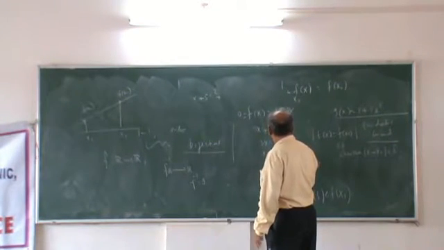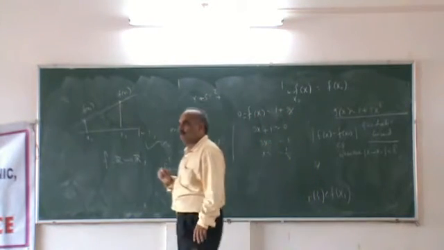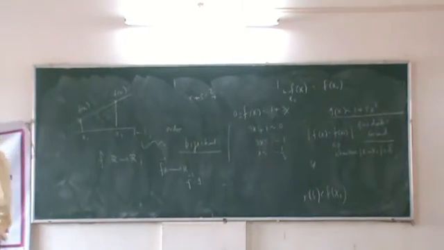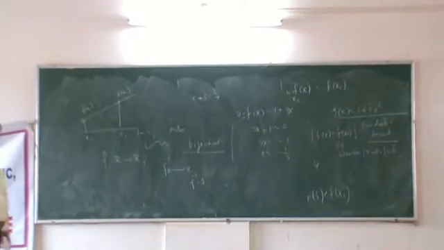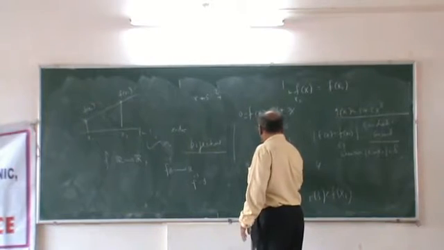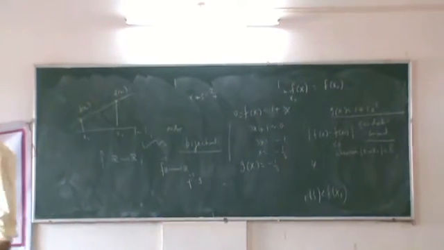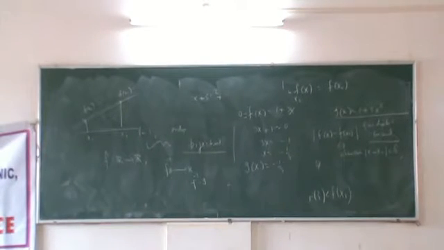X is minus 1 upon 3. Right? Am I right? Now define g of x equals minus 1 upon 3. That is my inverse. Or 1 plus 3x. Is that okay?